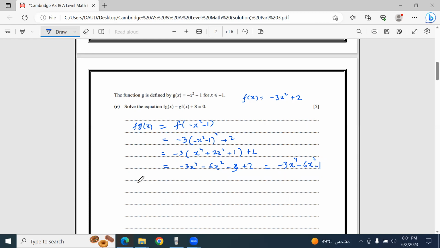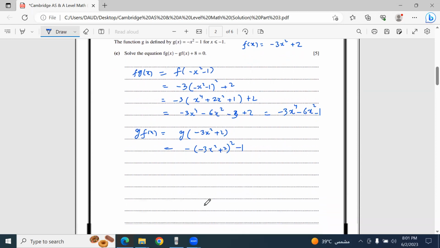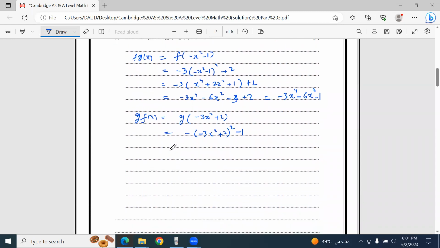Next step, we have g f of x. Now g f of x is g of minus 3x squared plus 2. Apply this in function g, and the g function is minus x squared minus 1. So minus 3x squared plus 2 whole squared, minus 1. After this, we will simplify. Minus 3x squared multiplied by minus 3x squared gives us 9x power 4.